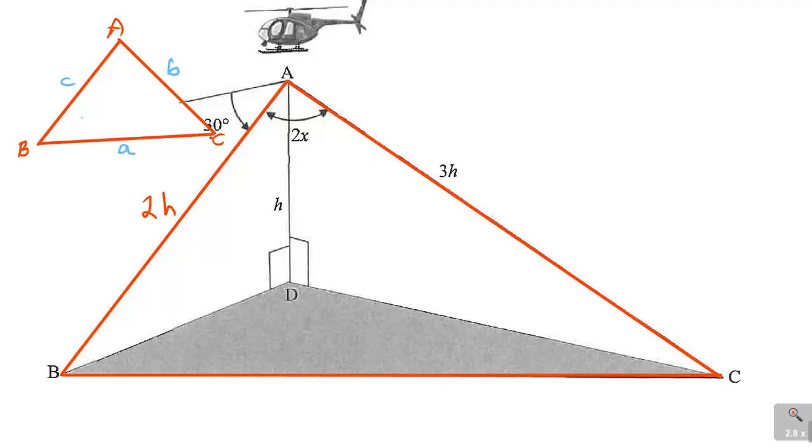And what am I given? Remember, I'm given 2h, I'm given 3h, and I'm looking for BC. And also there is an angle that I'm given here, which is 2x, which is very important.